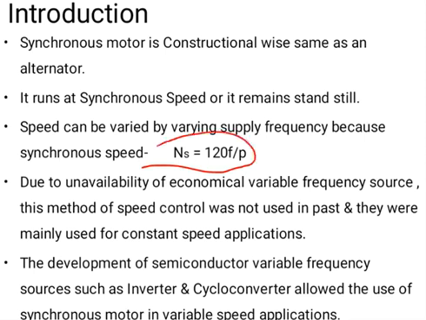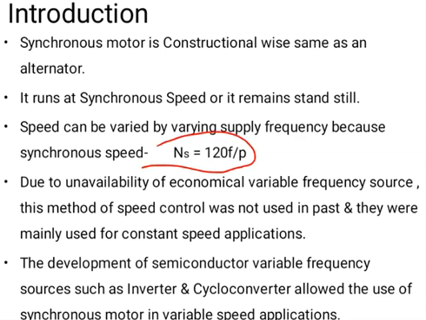Due to the unavailability of economical variable frequency sources, this method of speed control was not used in the past, and these motors were mainly used for constant speed applications.